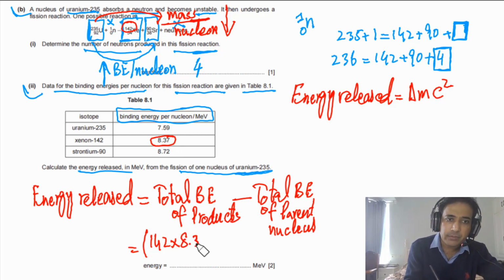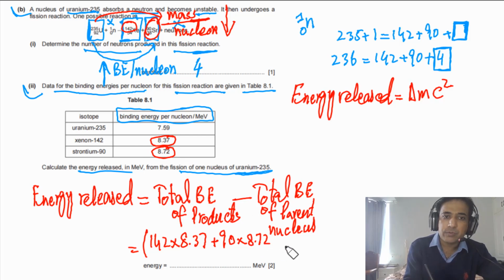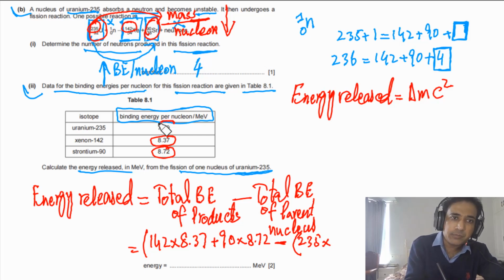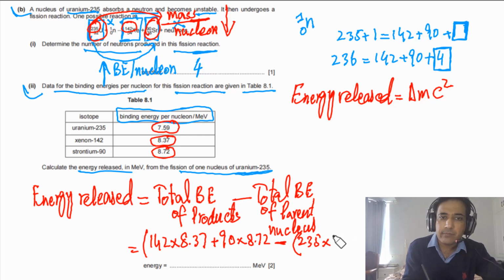So we multiply by 8.37, plus this nucleus, whose nucleon number is 90 and binding energy per nucleon is 8.72, minus, here we have this nucleus, whose number of nucleons is 235 and binding energy per nucleon is 7.59.